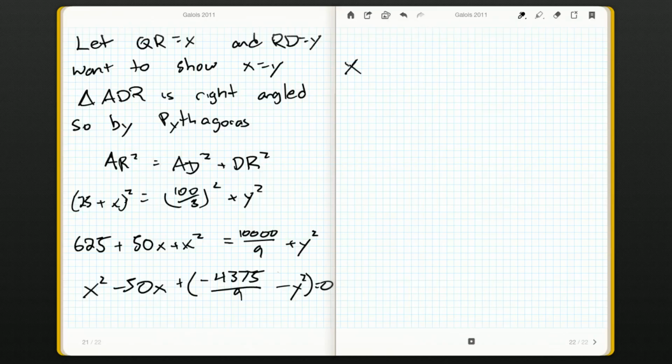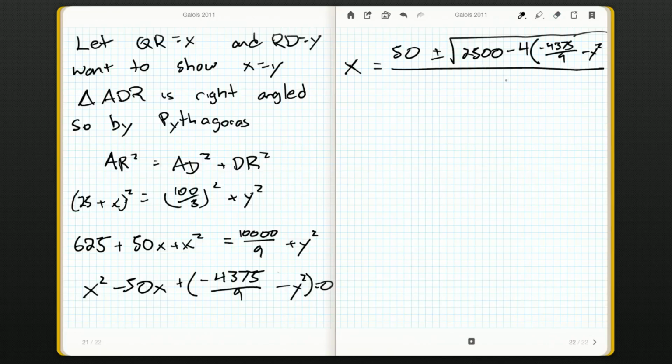Alright, so X has got to be equal to negative b, so negative 50 plus or minus the square root of b squared, so that's 50 squared, that's 2,500, minus 4ac, all over 2a.